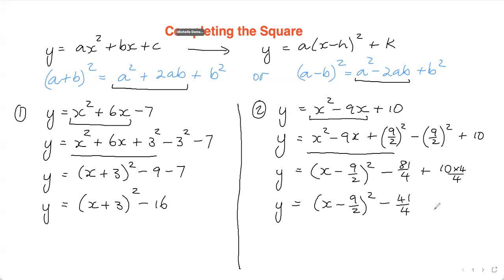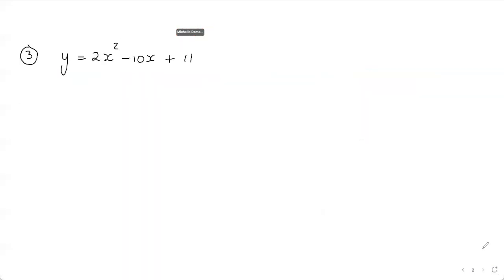So that one's done. Now we can see, if we need to, what the turning point is. Now I'm going to take it one step harder with this example here. Notice now I've got a coefficient other than 1 on my x squared term. So when we do the complete the square process, we really want to get that 2 out of the way.